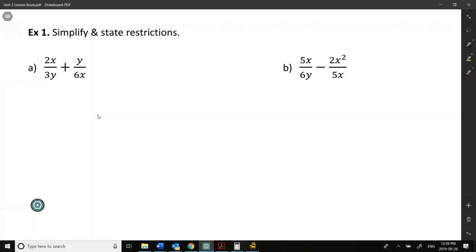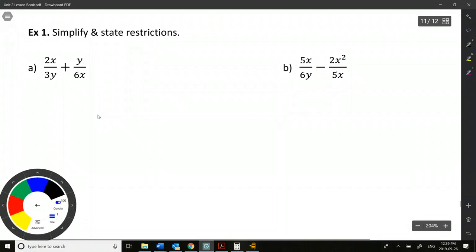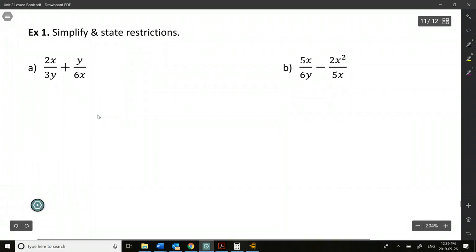Common denominator. Okay, so that includes both the numerical part and also the variable part as well. So each side kind of needs to have the same thing here. So between 3 and 6, what's my lowest common denominator here? 6, yep. So this side needs to become 6 on the bottom. I also need the variable to be present on each side.